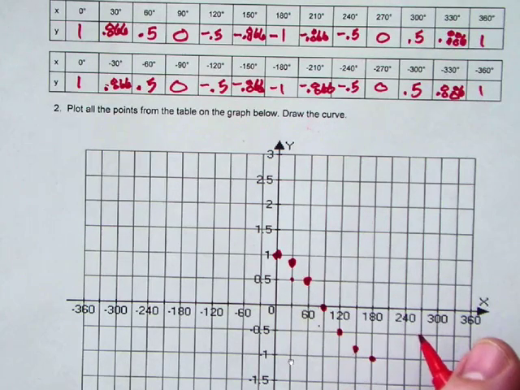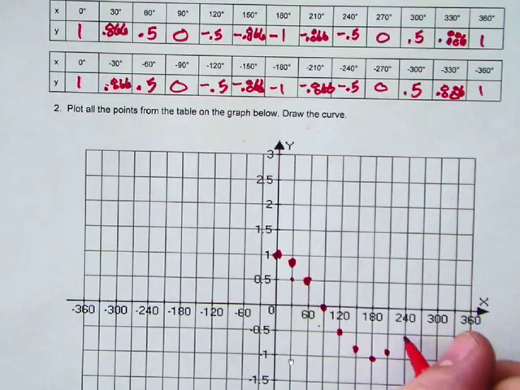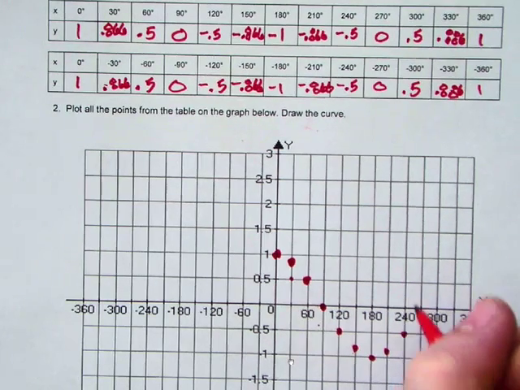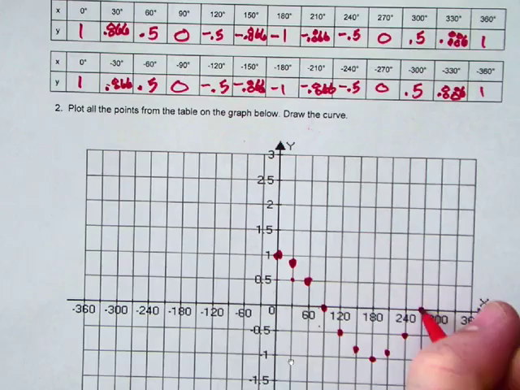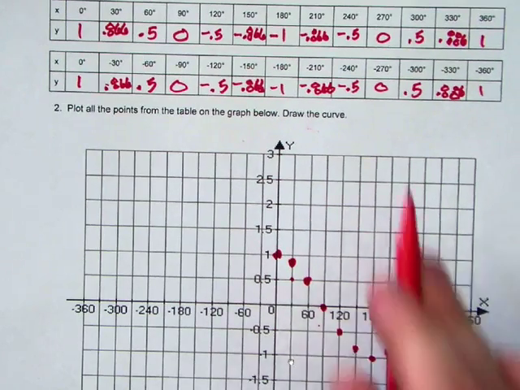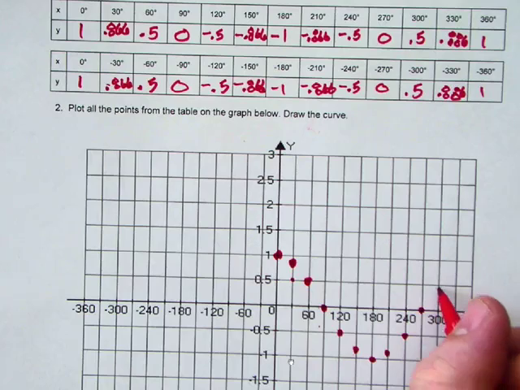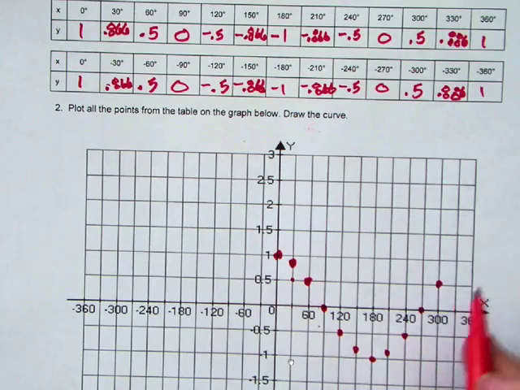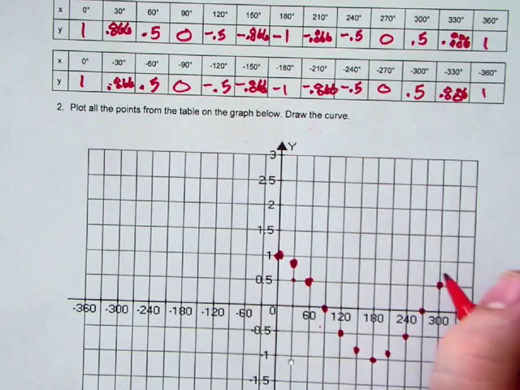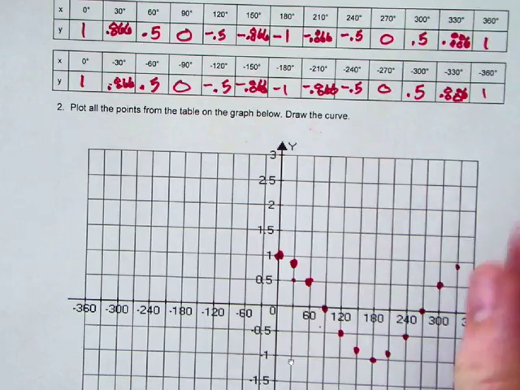Then it goes back up to negative 0.866, and then back up to negative 0.5, back up to 0. So you see how we're on 270 now? We're at 0. 300 is 0.5. 330 is 0.866. 360 is 1.